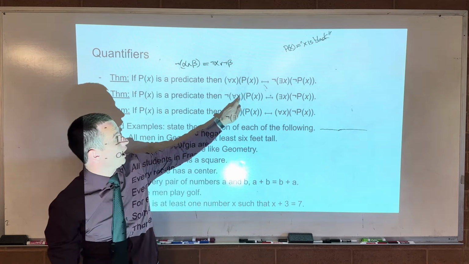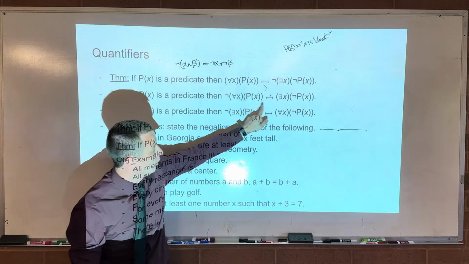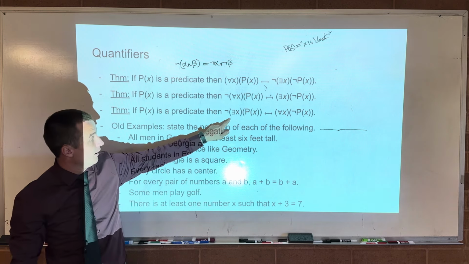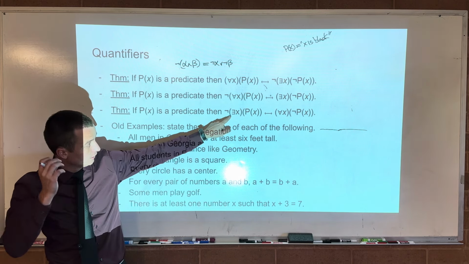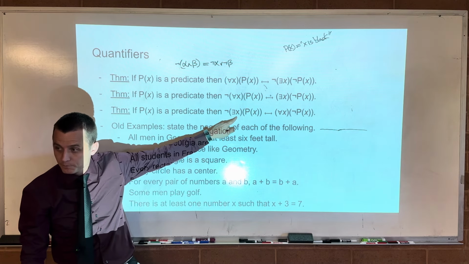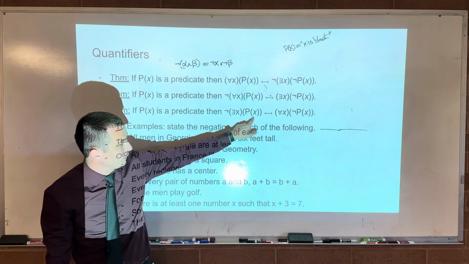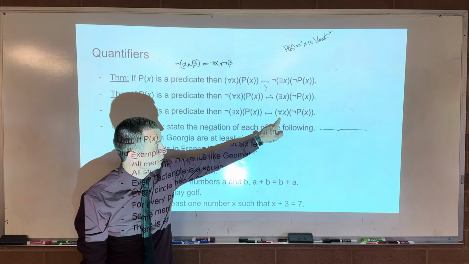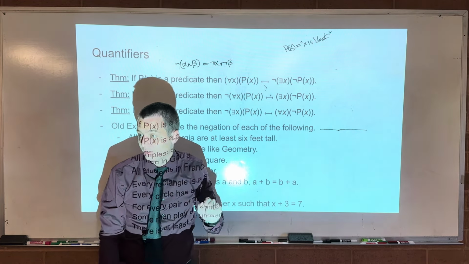So if you want to put the not inside, you switch a universal into an existential. And the same thing when distributing a not over an existential: not there exists p of x. When you distribute that not, it turns the existential into a universal, and then the not goes on the inside.